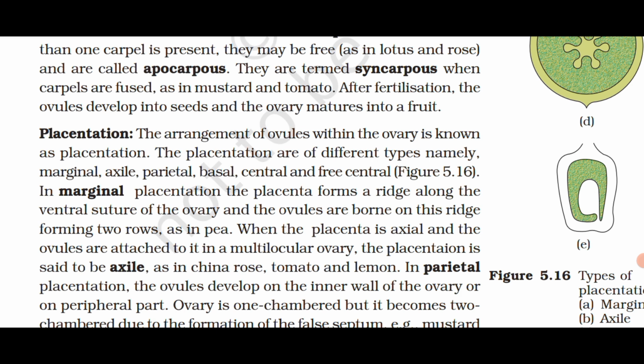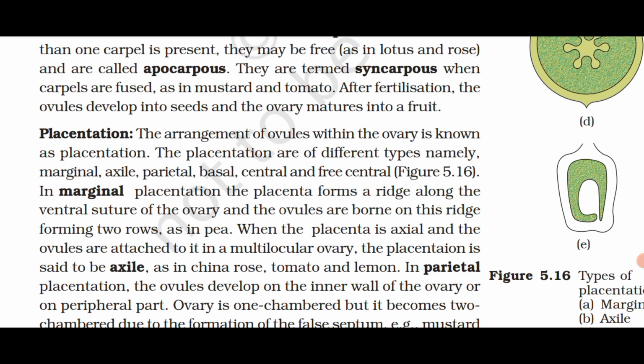In marginal placentation, the placenta forms a ridge along the ventral suture of the ovary and the ovules are borne on the ridge, forming two rows, as in pea. When the placenta is axile and the ovules are attached to it in a multilocular ovary, the placentation is said to be axile, as in China rose, tomato, and lemon.